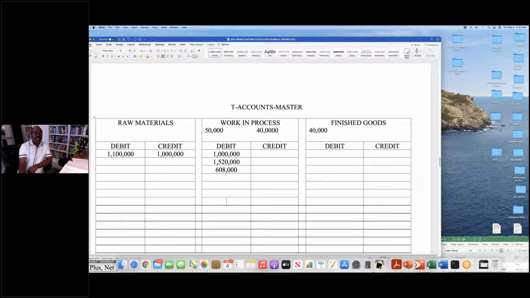Total cost on the debit side. $3,128,000. 3 million, 128,000? Yeah. Sorry, Andrew, I didn't mean to cut you off. I appreciate it. So how much of this 3,128,000 are we going to transfer out?